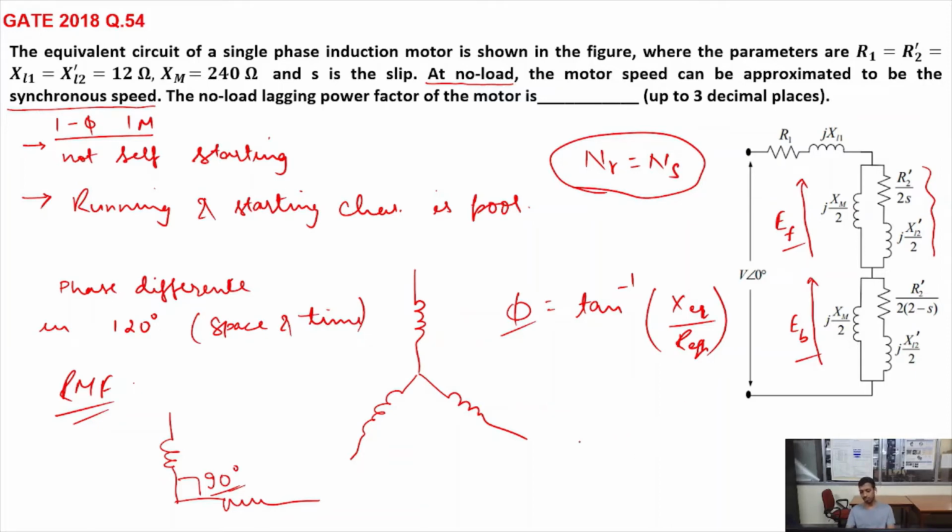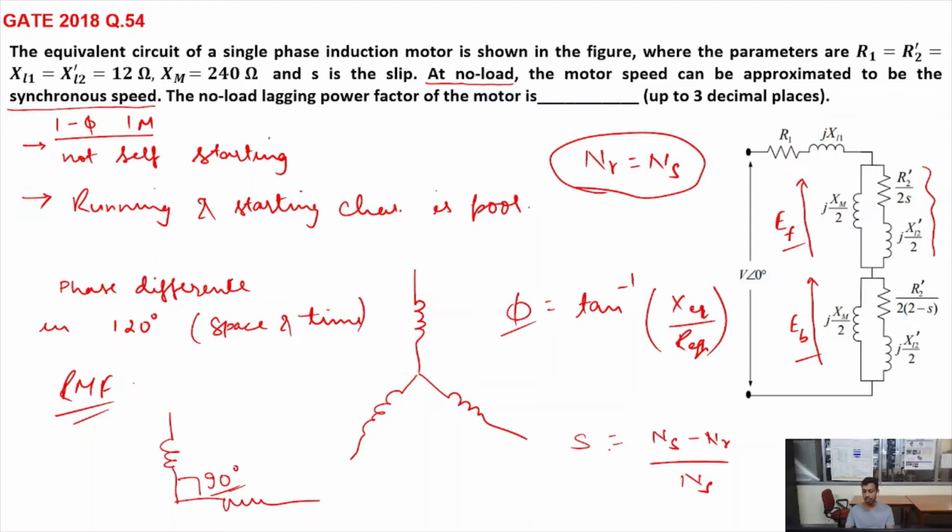Since slip is equal to Ns minus Nr divided by Ns in conventional induction motor, right? But here we are creating two kinds of field or two kinds of slip. So here one slip would be forward slip and one slip would be backward slip.